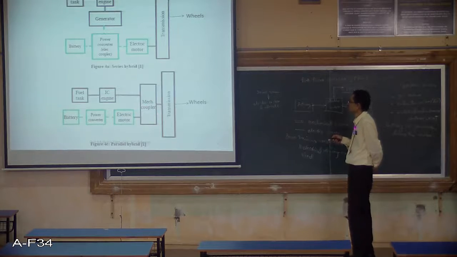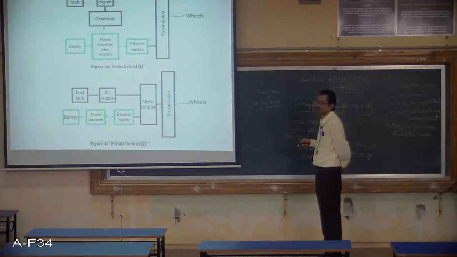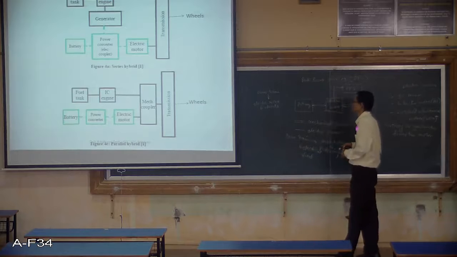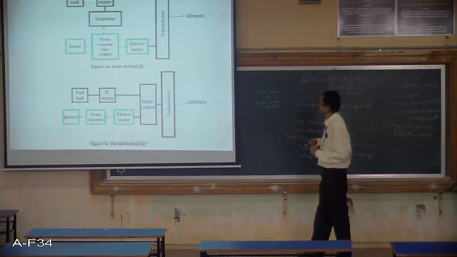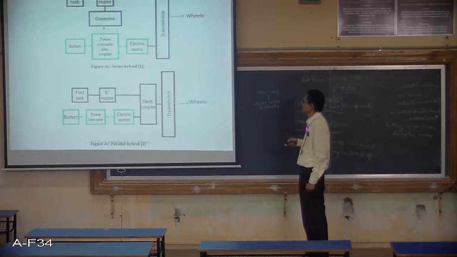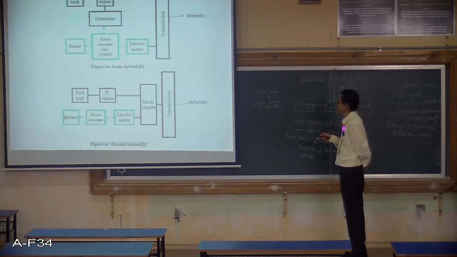So this mechanical coupler, what it will do, it will either couple the wheels to the IC engine or it will couple it to the electric motor. In both the cases, the wheels will be driven by the mechanical coupler through the transmission drivetrain. So as a result, here you can see, even if the electric motor fails, what will happen? This mechanical coupler will be connected to the IC engine.